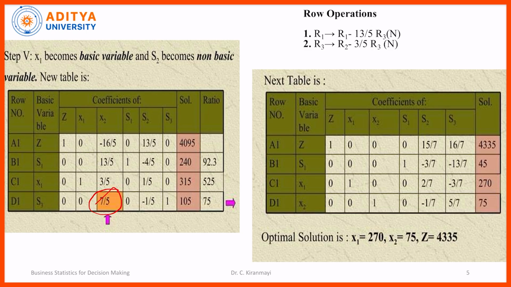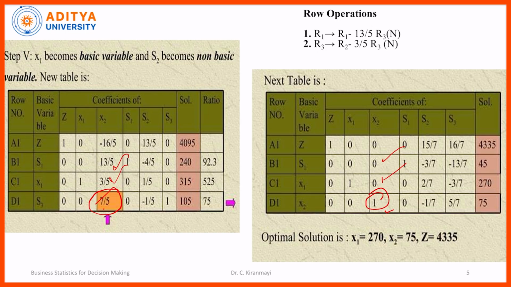Now, this key element should be made unity, 7 by 5 to be made unity, and the other elements in the key column must be made zeros by using elementary operations, as we discussed a few minutes before. Using those operations, transform the key element and the other elements in the key column, and also perform the net evaluations.